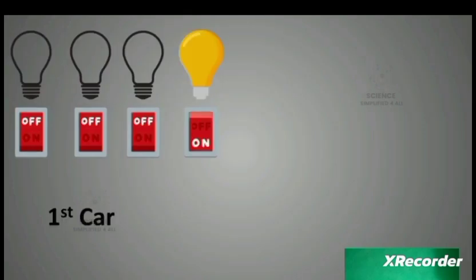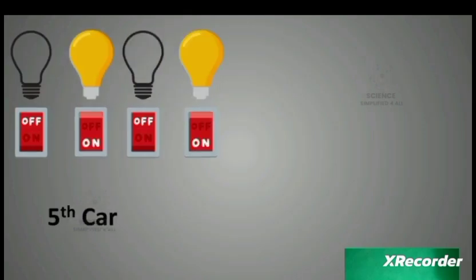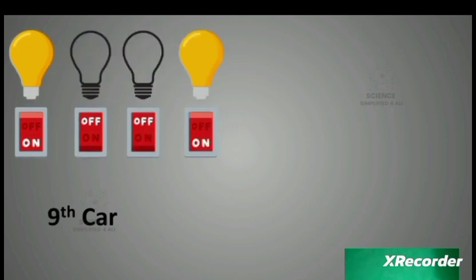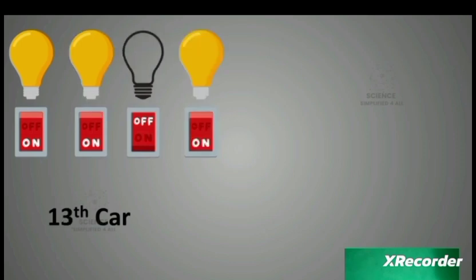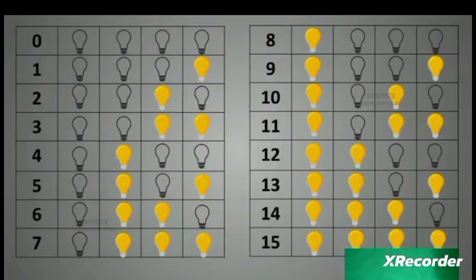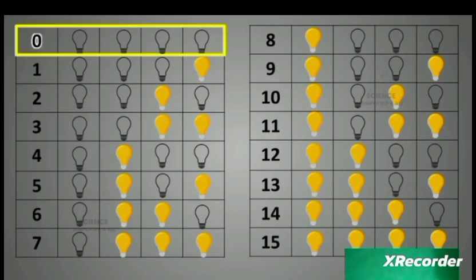That means with 4 bulbs, you can represent numbers from 0 to 15. In other words, 4 bulbs with on and off states can create 16 different combinations. These combinations are shown in this table. When all bulbs are off, that represents 0.